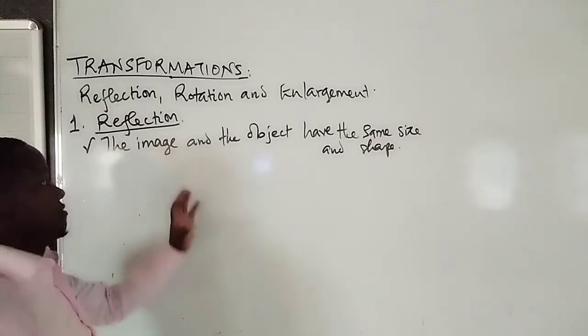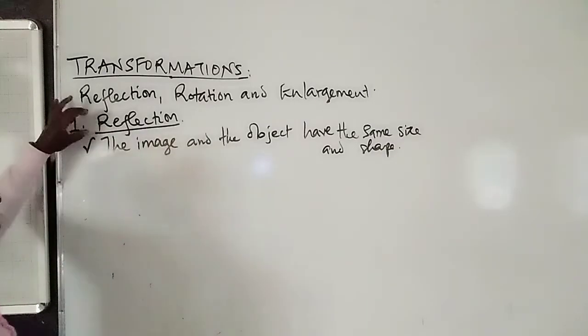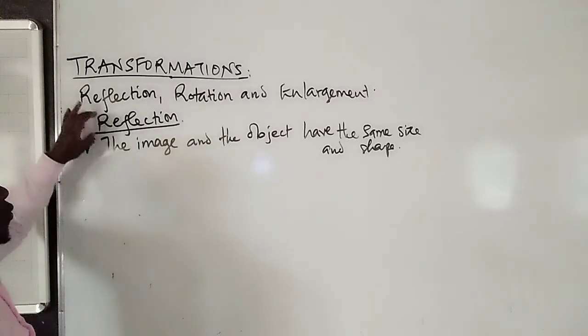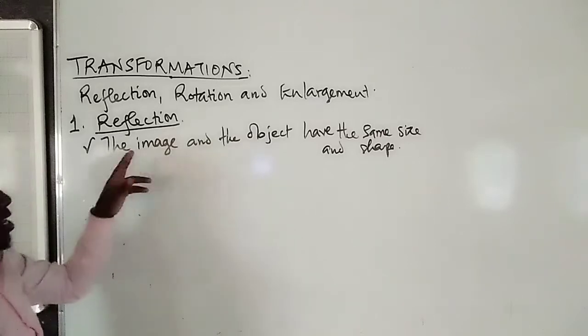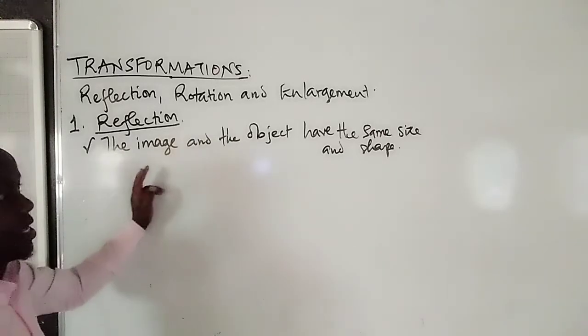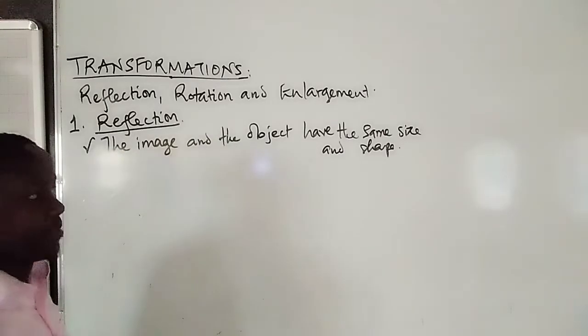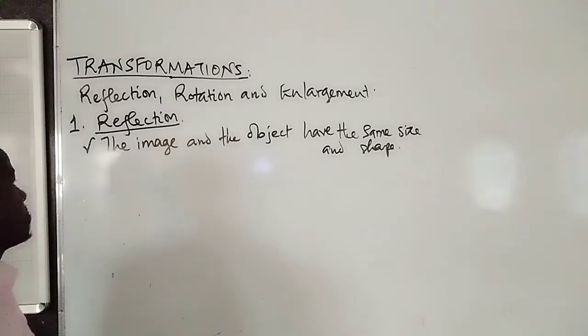Therefore, if the transformation is a reflection, then whatever is being reflected and whatever has been reflected, the image and the object, they should have the same size and shape.